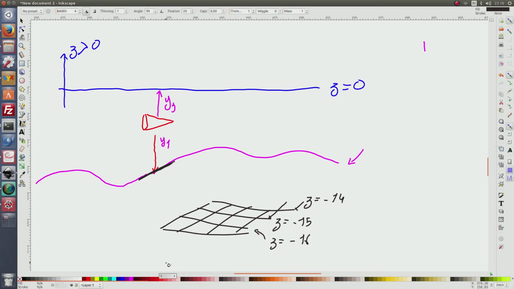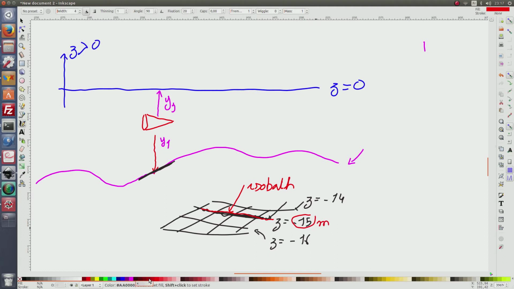And what is represented here? This curve, maybe like this, is called an isobath. So the depth is constant, and this one corresponds to minus 15 meters.